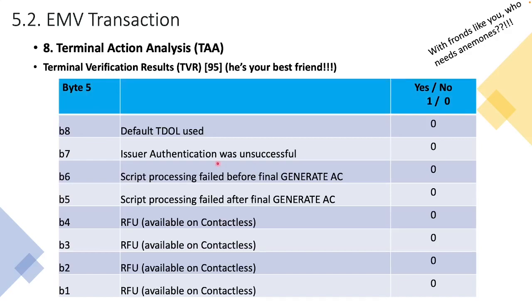So things like issuer authentication, was it successful or unsuccessful? We'll speak a bit more about this in later videos when we speak about OMA leg 1 and leg 2. And obviously there's a couple of bits here about script processing, which can only happen after we've received the response back from the issuer host. You'll see that there's a couple of RFUs, but in the contactless specification, these actually have valid values in here.